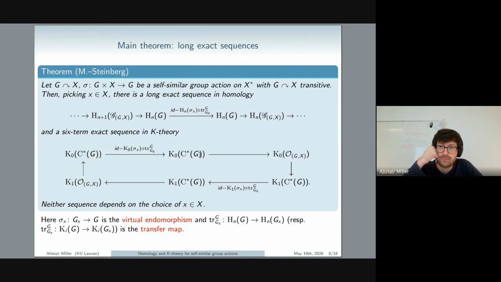I mean, certainly on the group level. Yeah, there should be a map the other way as well, at least. You sort of expect there to be spectral sequences at least, which approximate the K-theory with the homology, if you're in this torsion-free setting.